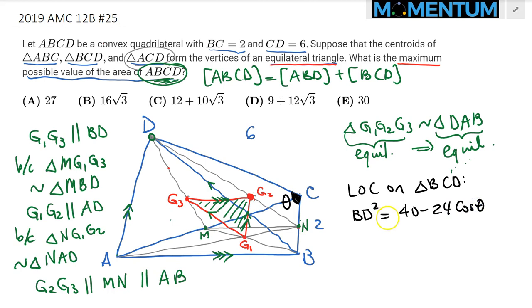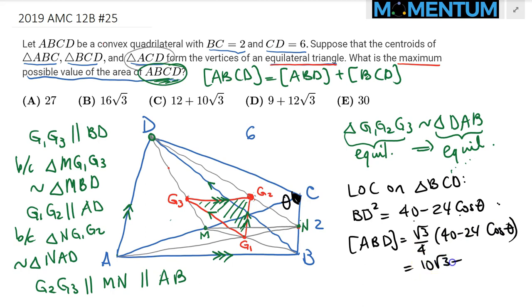And now once we establish BD squared, it's clear how the area of triangle ABD would simply be side length squared times root 3 over 4, but side length squared is this thing that we just calculated, BD squared. So therefore it is just root 3 over 4 times 40 minus 24 cosine of angle theta, and that's simply equal to, after dividing by 4, 10 root 3 minus 6 root 3 cosine of theta.